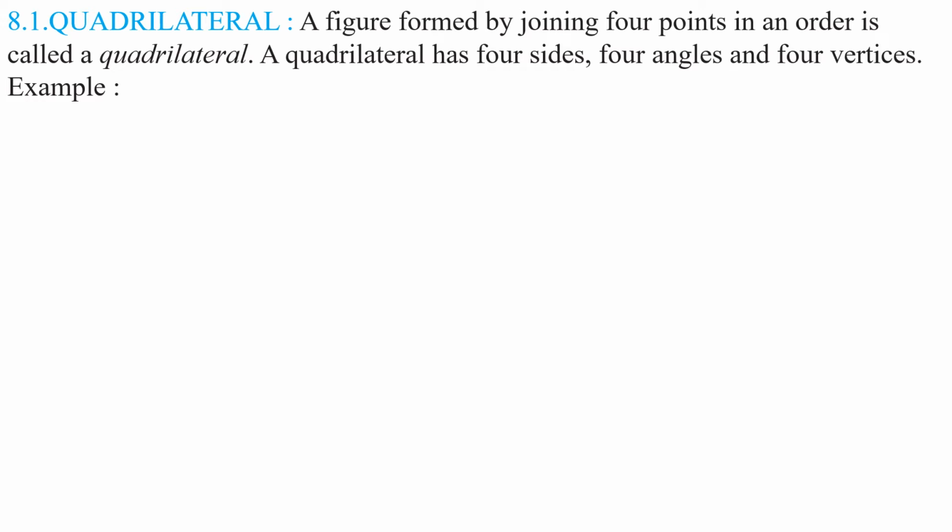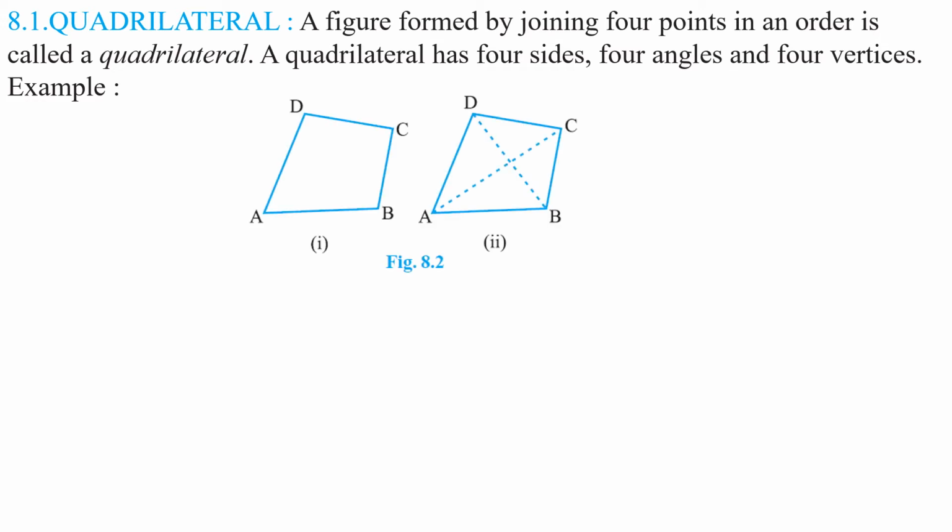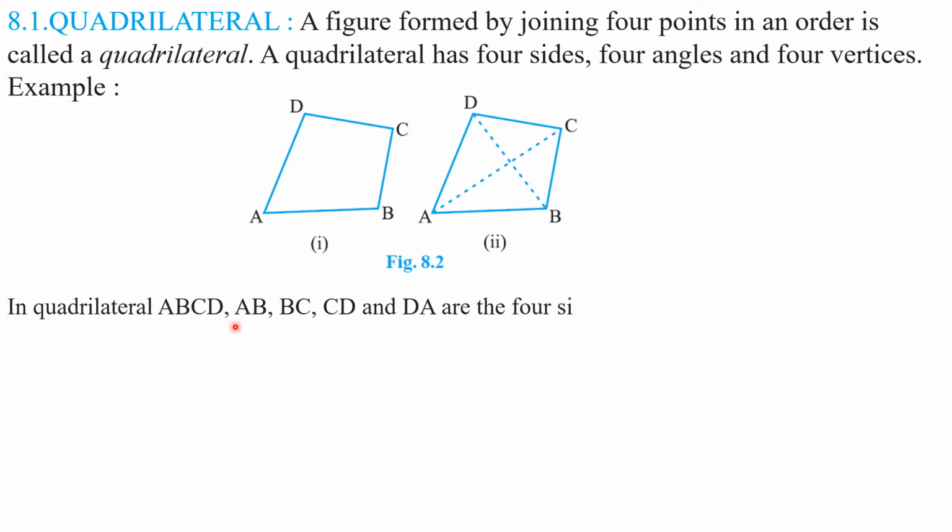To understand a quadrilateral, let us take an example. See here, observe this figure 8.2. Here two figures are given. These two are quadrilaterals. Now, in quadrilateral ABCD, AB, BC, CD and DA are the 4 sides.